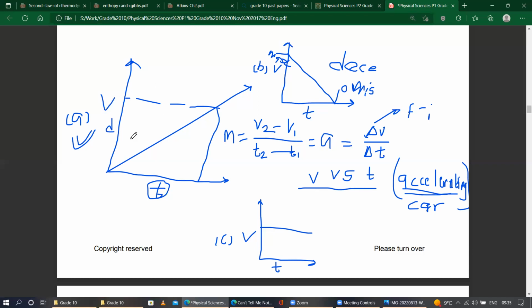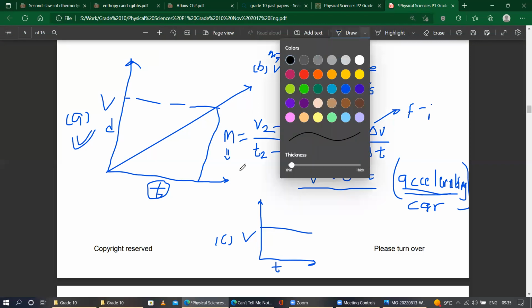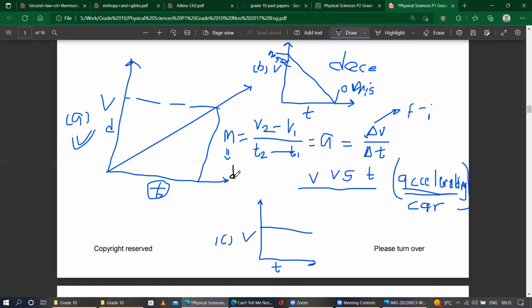For the displacement versus time graph, the gradient is d2 minus d1 divided by t2 minus t1, which is going to give you the velocity. Is that fine? Yeah. Okay.